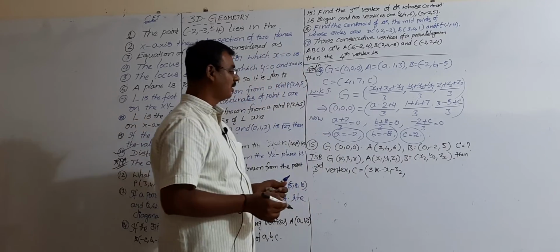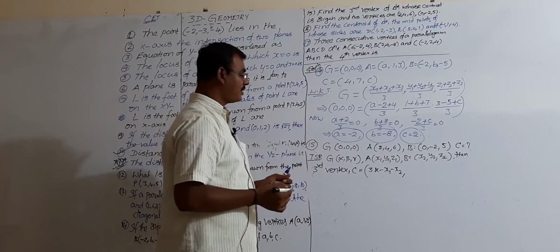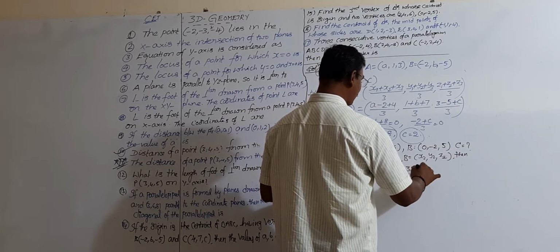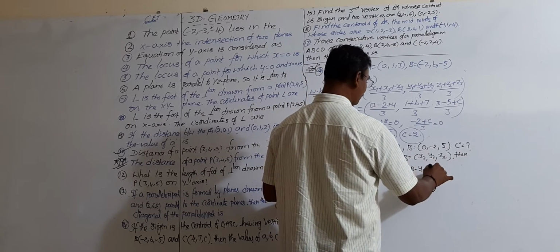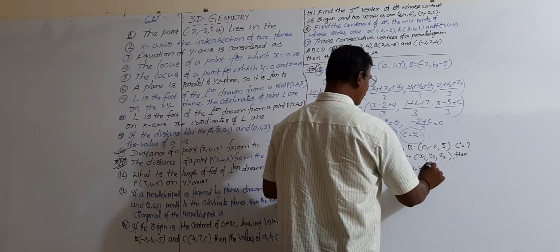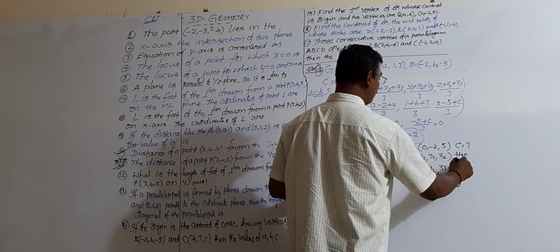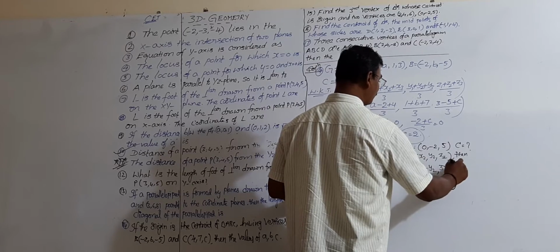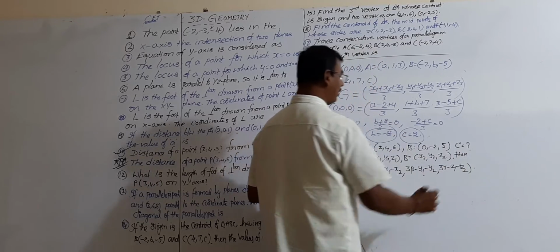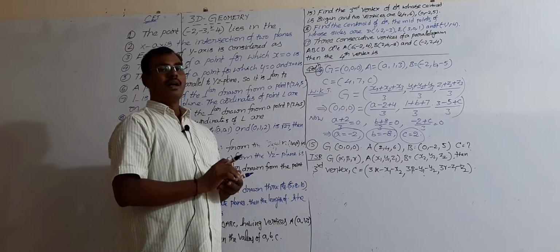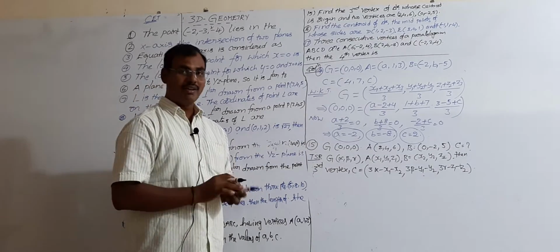Similarly, y coordinate 3 beta minus y1 minus y2. Z coordinate 3 gamma minus z1 minus z2. So, this is the formula for finding the third vertex if the centroid and two vertices are given.